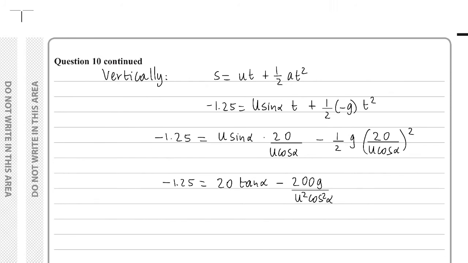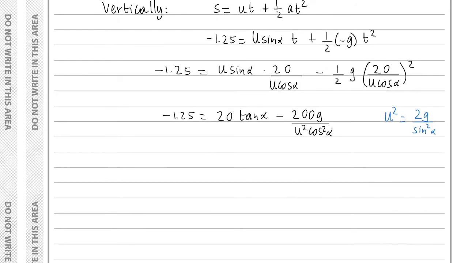We do know that u squared is 2g over sine squared alpha, so we could actually use this here. So minus 1.25 is 20 tan alpha minus 200g over 2g over sine squared alpha times cos squared alpha.